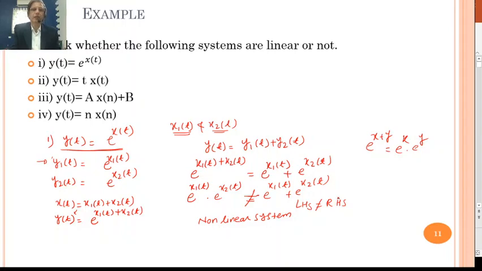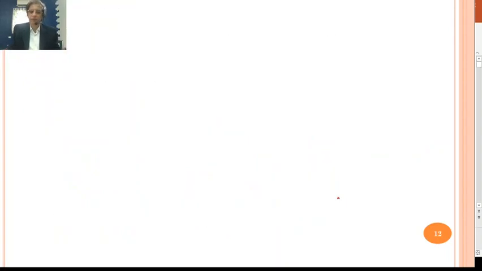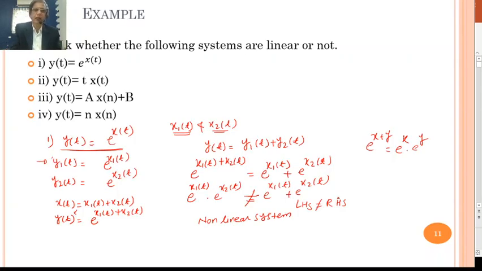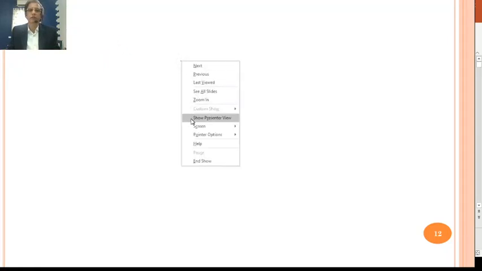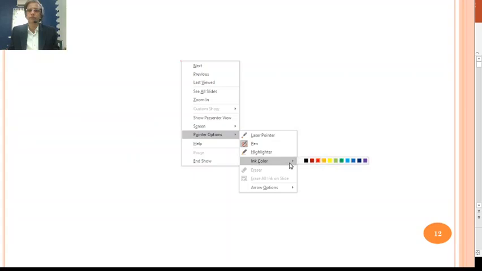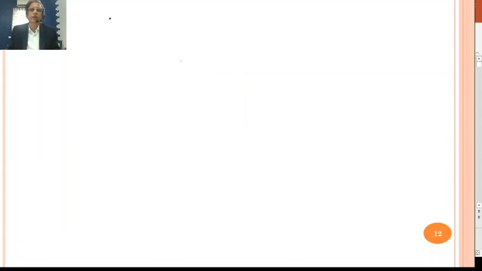Now the second example, yt equal to t xt. Now find out the response due to the first input and the second input, x1t and x2t.